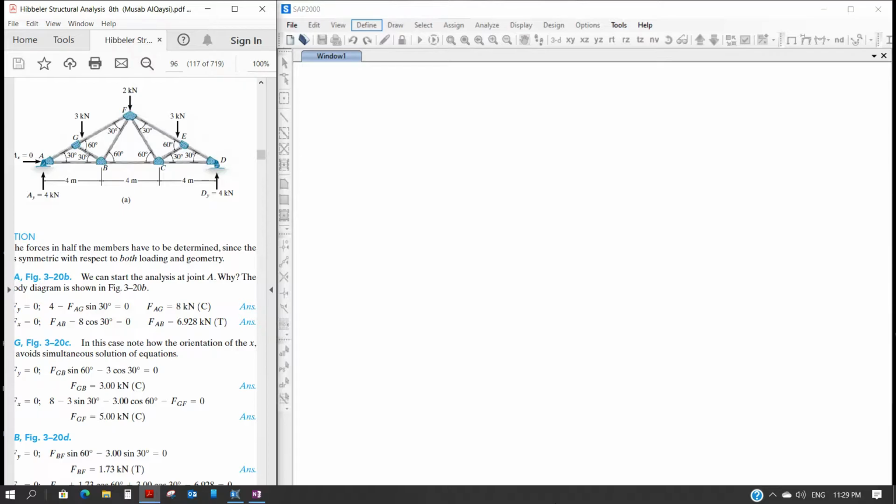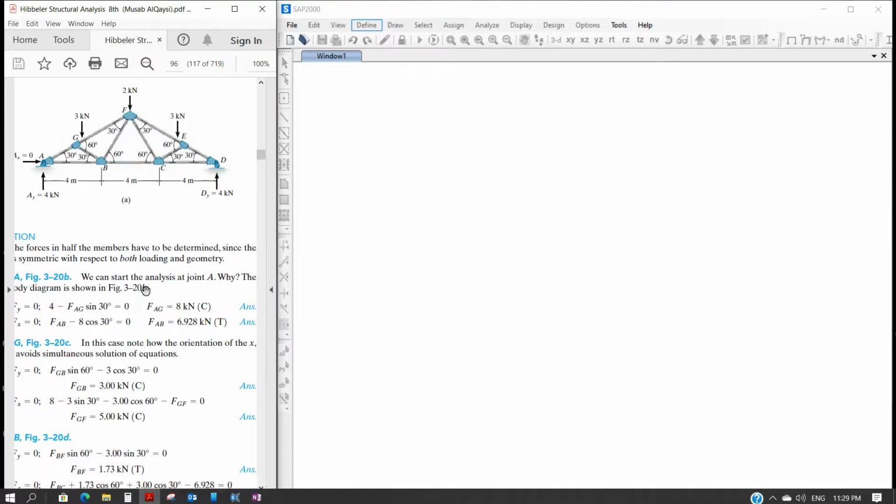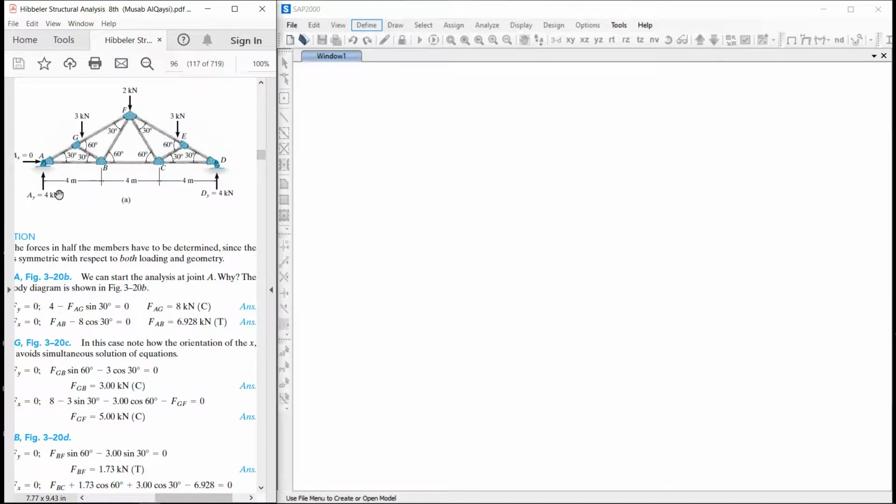As you can see in this example, we know that the distance from A to B is 4 meters, B to C is 4 meters, and C to D is 4 meters. But in the vertical direction only angles are given and the distances are not given.